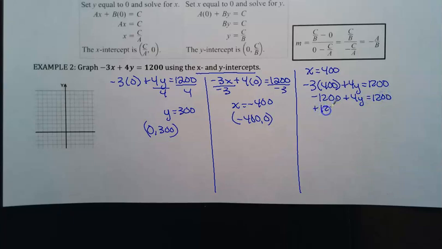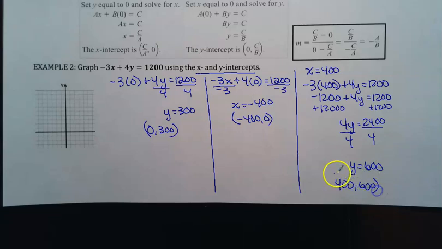So if we add 1200, then we would get 4y equals 2400, right? Divide by 4, y equals 600. So our ordered pair here is 400, comma 600.